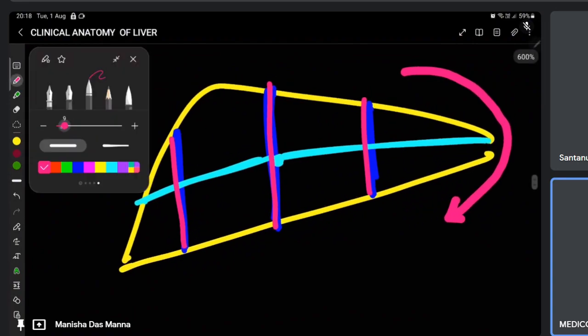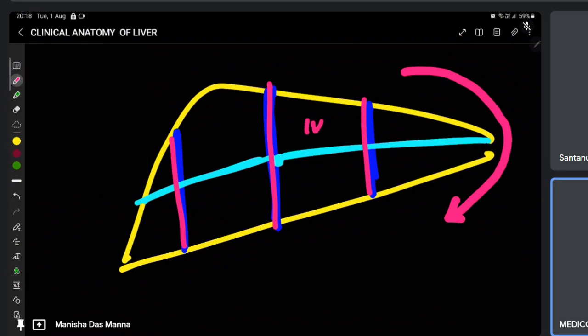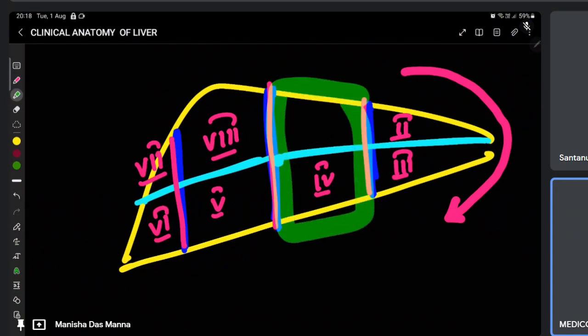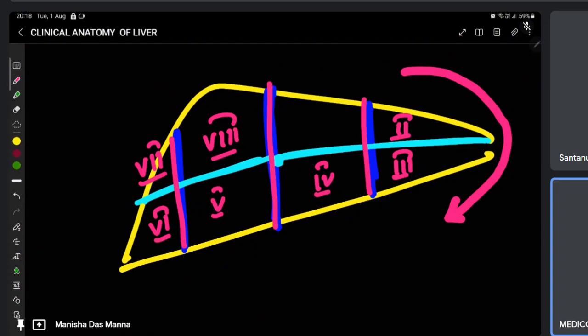Let me draw this here. This whole thing is four, so start from two, and go anti-clockwise: 2, 3, 4, 5, 6, 7, 8.